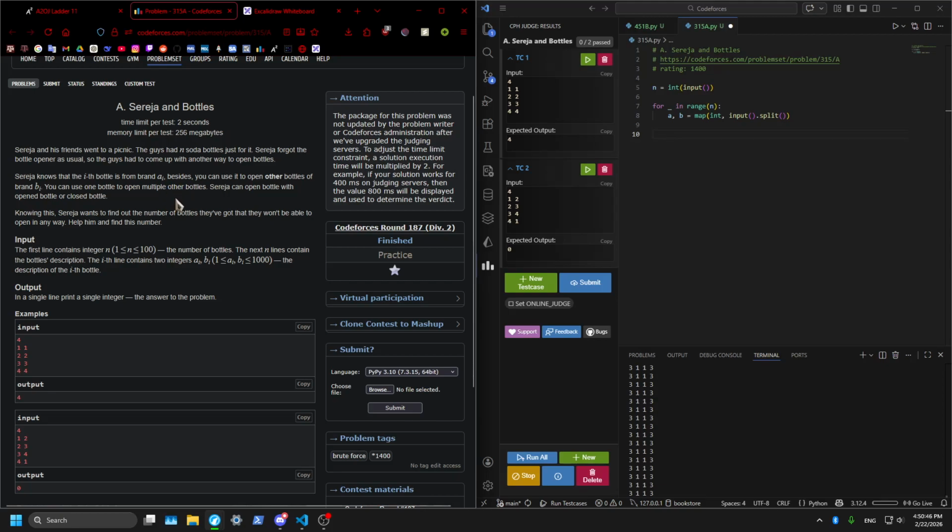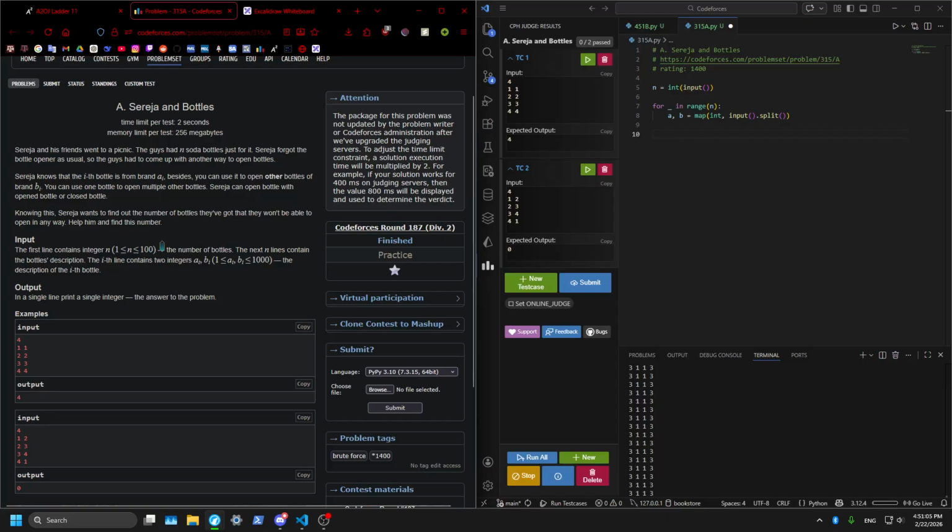You can use one bottle to open multiple bottles. Serena can open a bottle with an opened bottle or closed bottle. Knowing this, find out the number of bottles they won't be able to open.